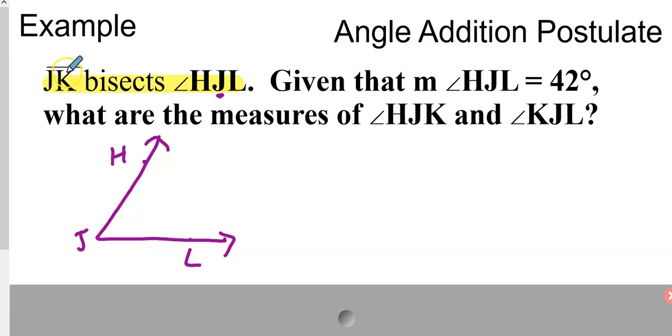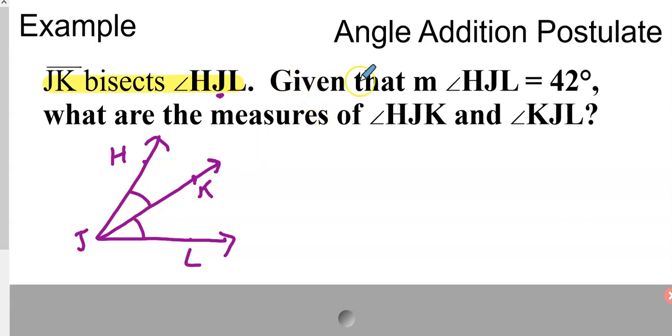We know ray JK, so I'll put a K here, bisects it. So that means it divides it into two congruent segments. Notice how I'm labeling my entire diagram. Very, very important. Write your diagram down and label it with congruent statements or any other information they give you.